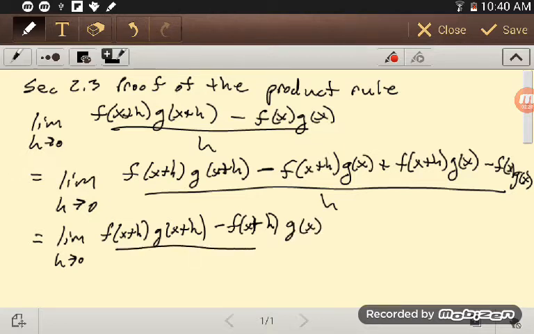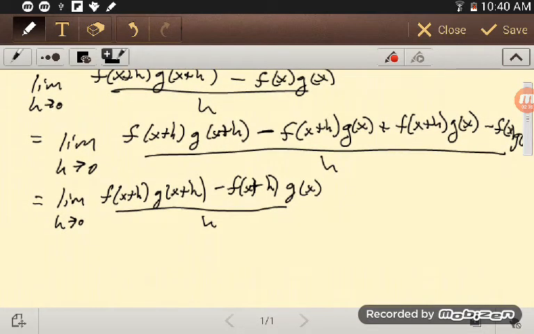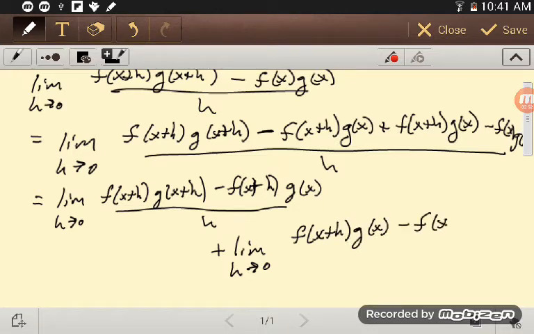So that's that first part divided by h. And then add in the second part. So I'm going to come down here a little bit and do plus the limit as h goes to 0 of that second part, f of x plus h, g of x, minus f of x, g of x, all divided by h.